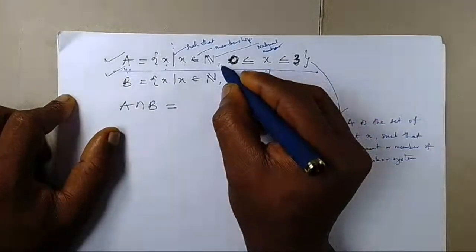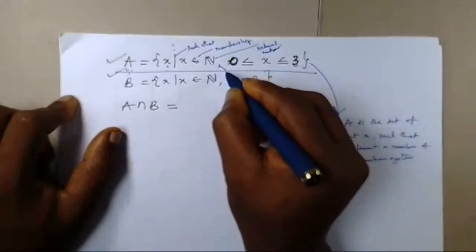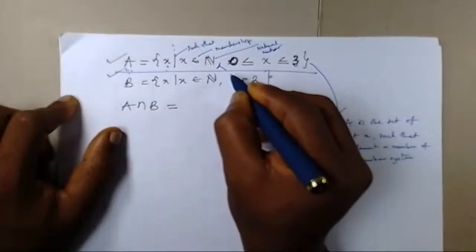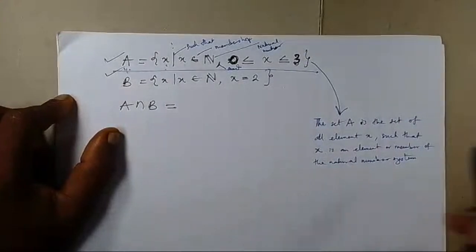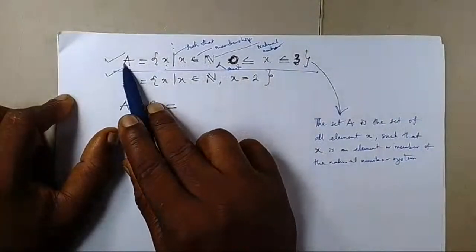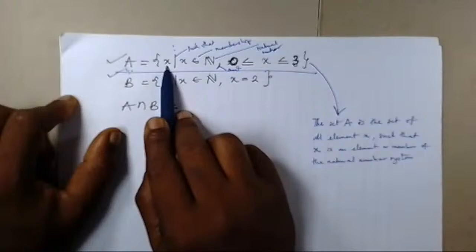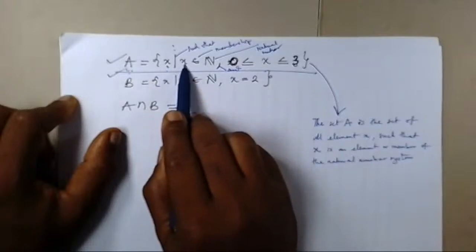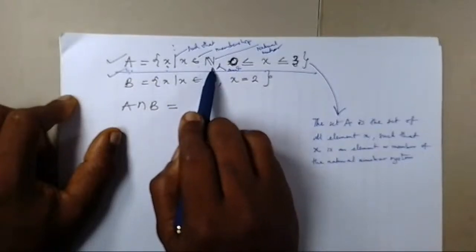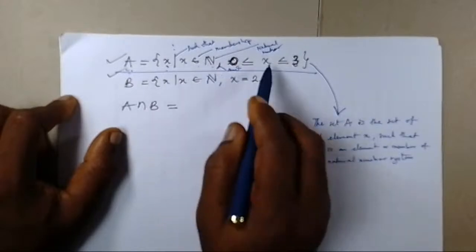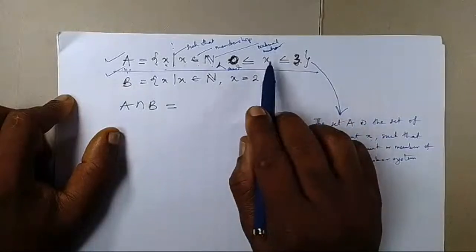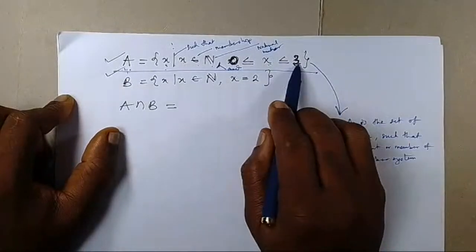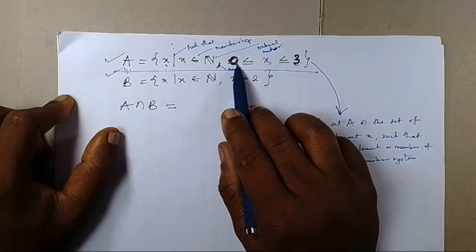Now, how do we read a comma in set theory? Wherever you find a comma in a set builder notation, it is read as "and." So it will now be: the set A is the set of all elements small x such that x is a member of the natural number system and x lies between 0 and 3. X lies between 0 and 3 and can be 0, it can be 3.